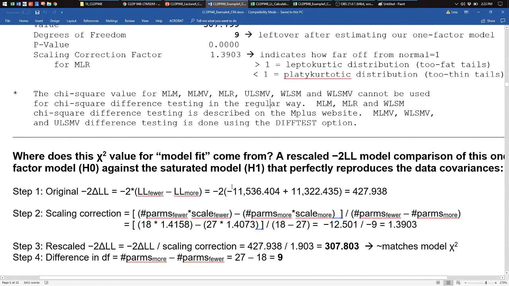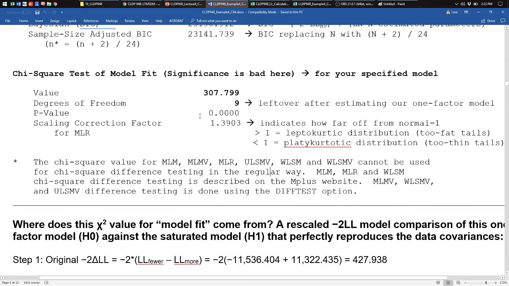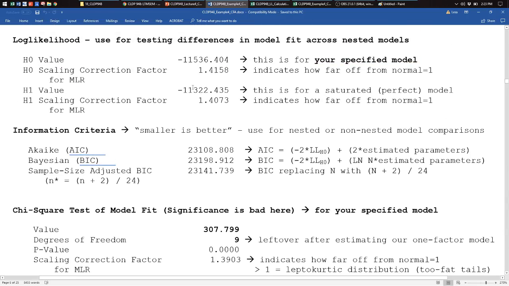Question? So this chi-square value is given as -2 times the difference in scaled log likelihoods. I have to say it that way because if you just take the difference between this number and this number, it's not 309.